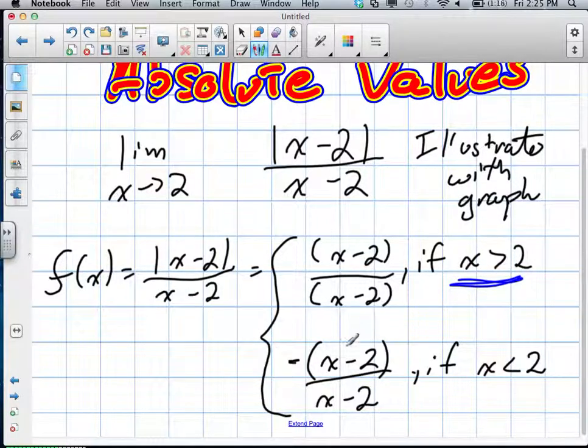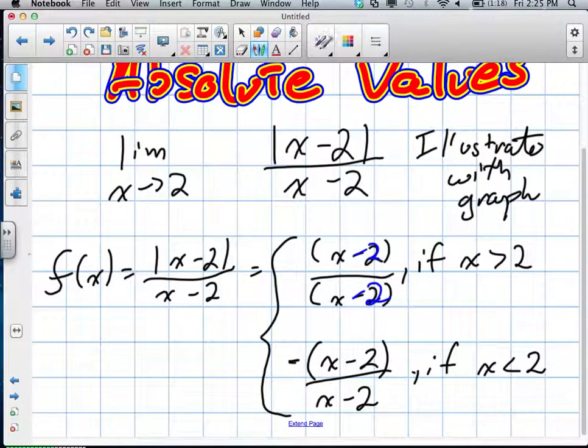What we can do to help solve these: if this number is infinitely close to 0, we're left with negative 2 here. Maybe this will be easier if we start up here. If we have a number that is infinitely close to 0 in this case, what's going to end up happening is we're going to have negative 2 divided by negative 2, which is going to give us a value of 1.